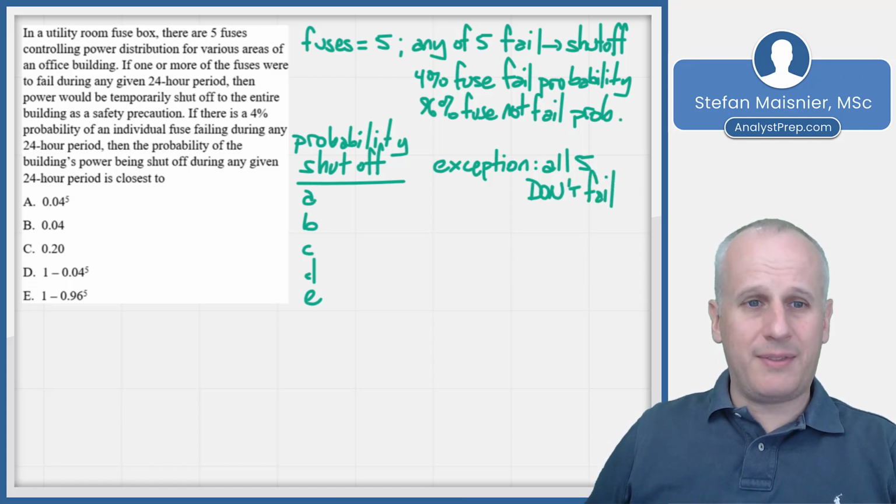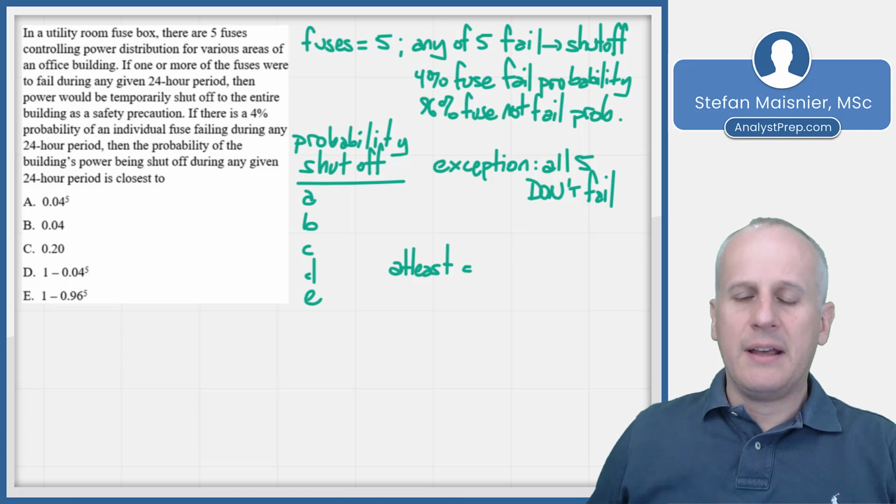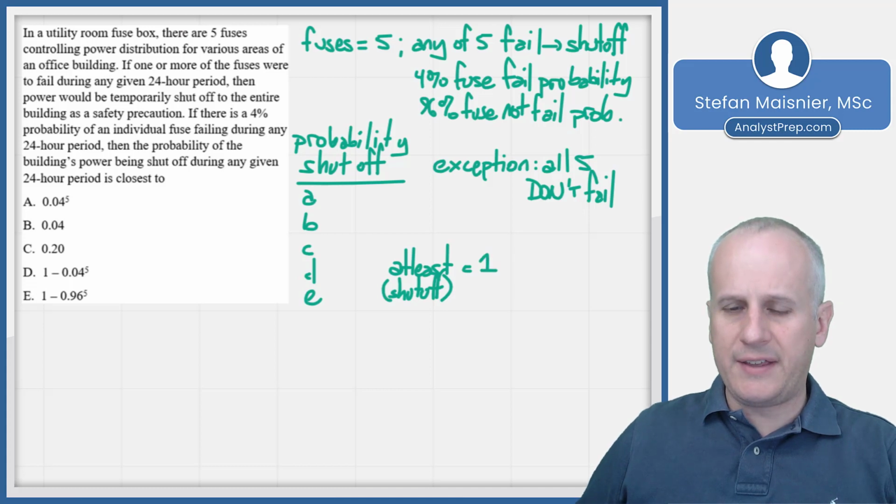So we then can basically use our "at least" structure, knowing that the shutoff in this case is going to occur in any of the outcomes except for the one situation when all five don't fail.